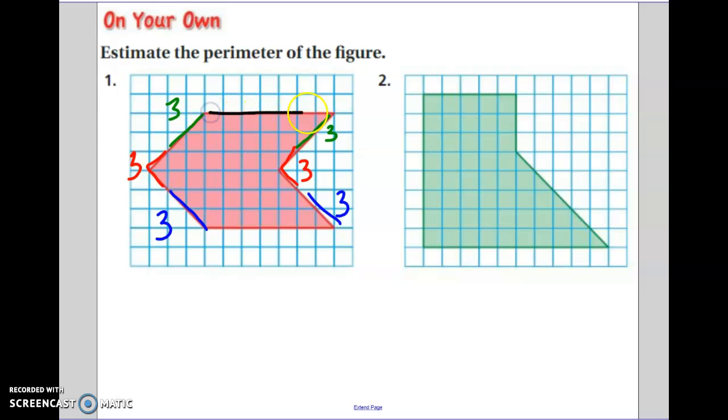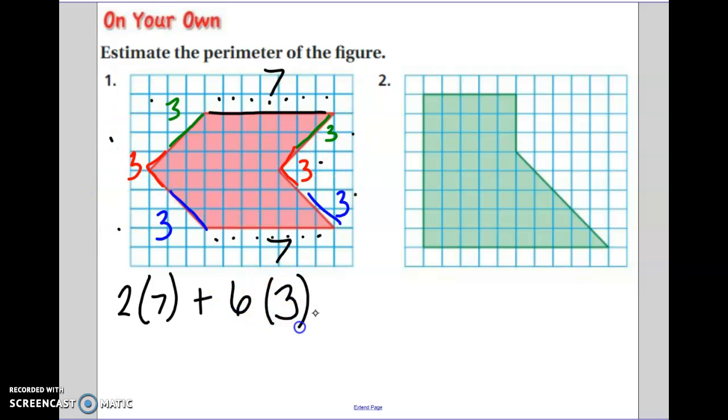I've got, let's see, these straight sides. 1, 2, 3, 4, 5, 6, 7. 1, 2, 3, 4, 5, 6, 7. So I can do, let's see, there's 2 sides that have length 7 plus 1, 2, 3, 4, 5, 6 sides that have length 3.